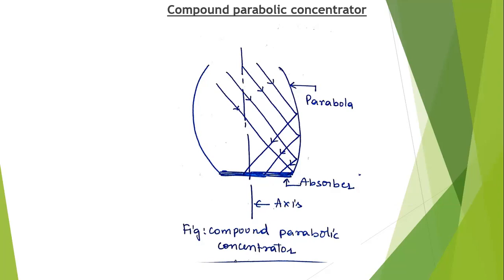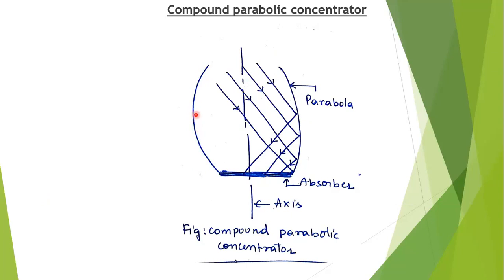This CPC or Winston collector is also a trough-like arrangement. This is called a trough, as we called it in the earlier parabolic concentrators. This round part is called a trough.